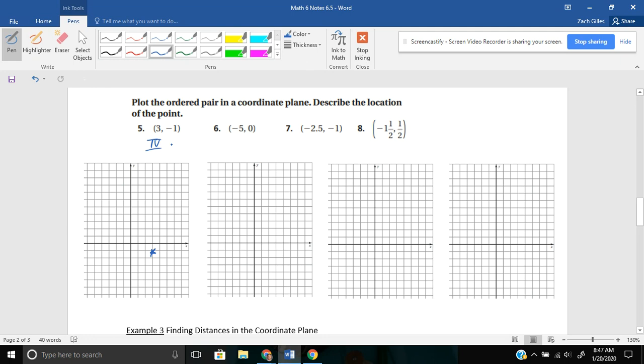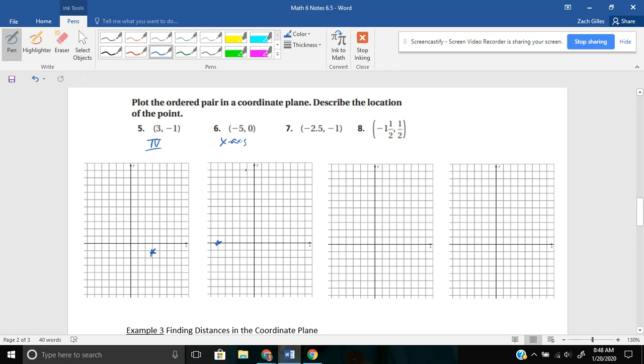Let's see, number 6 here. We've got negative 5, 0. So 1, 2, 3, 4, 5 to the left, and up and down 0 would be right there. And the location of that is on the x-axis.